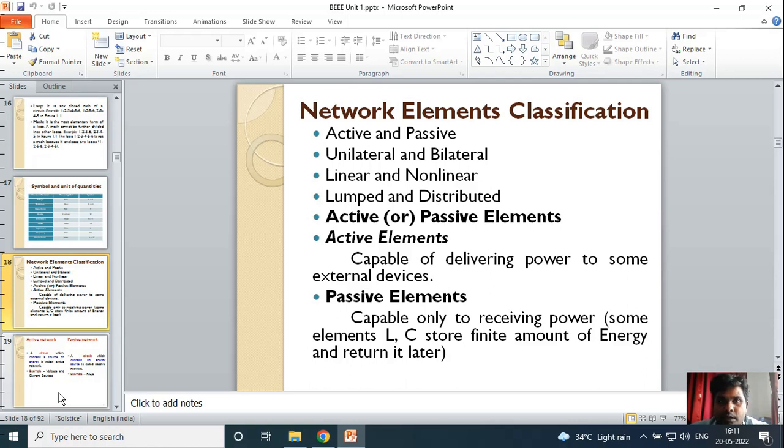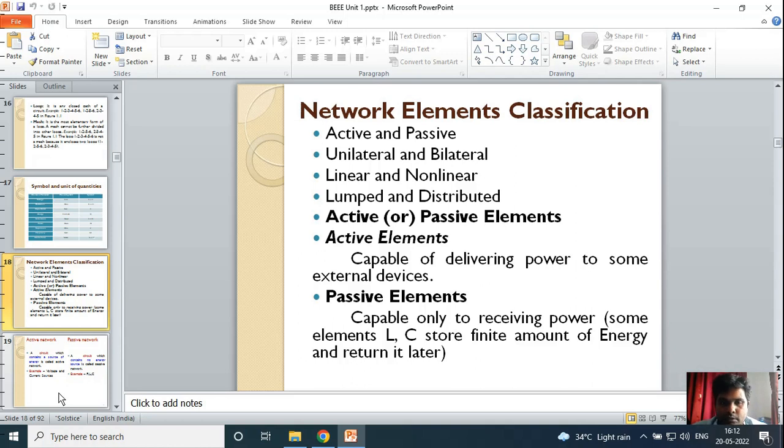Active elements are capable of delivering power to some external devices. Passive elements are not capable of delivering power, only of receiving power. Examples: inductors, capacitors. These are passive elements.